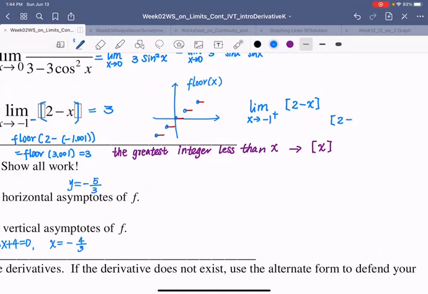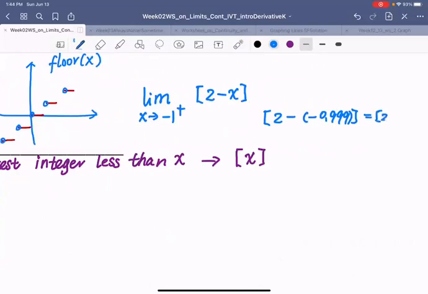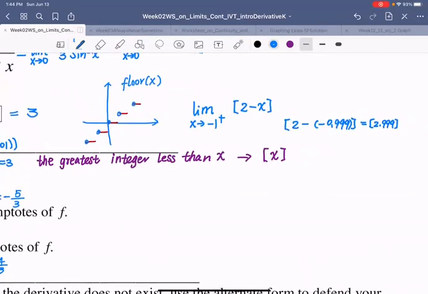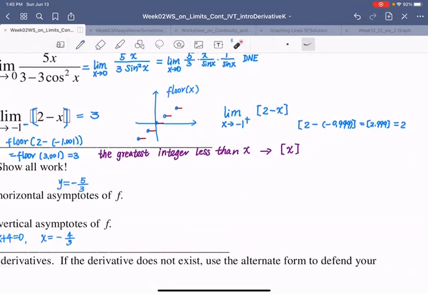I can try negative 0.999, and then this is 2.999. The greatest integer less than this number is 2. You say, why can't I choose 3? Well, 3 is bigger than this one. You have to choose the number which is less than, and the biggest integer is 2. So by just changing from the left to the right, the answer will be different.